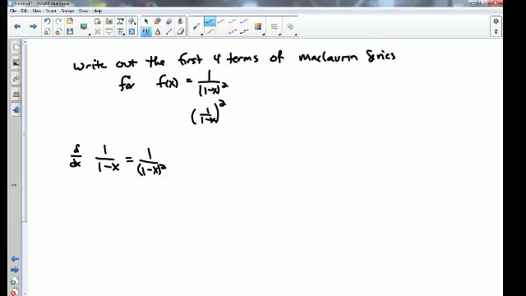So if I put this up here, what's the expansion for 1 over 1 minus x? Yep, you're right, Wyatt. So if I want to generate this here, all I have to do is differentiate. A little easier, right?